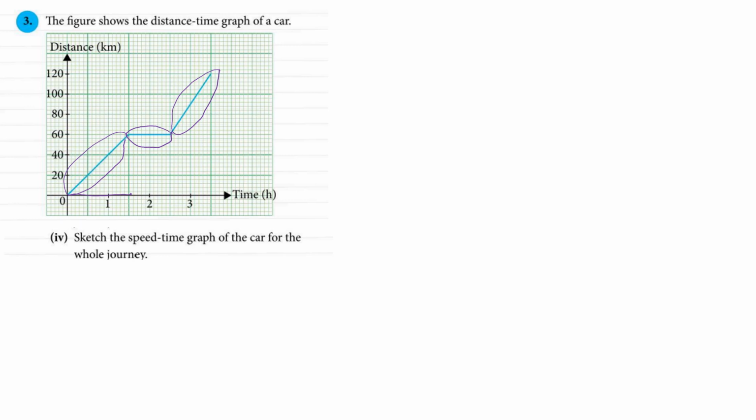We know that speed is just the change in distance over change in time. Finding the speed for the first 1.5 hours is basically just finding the gradient of this line here, the blue line that I circled for you.